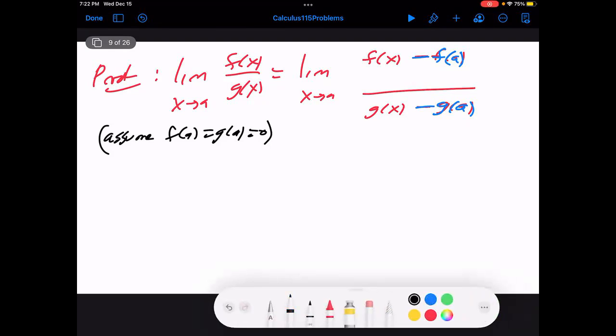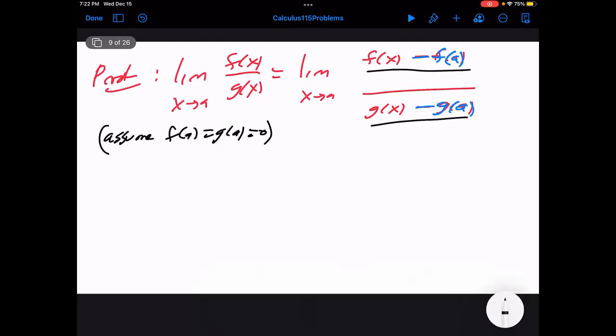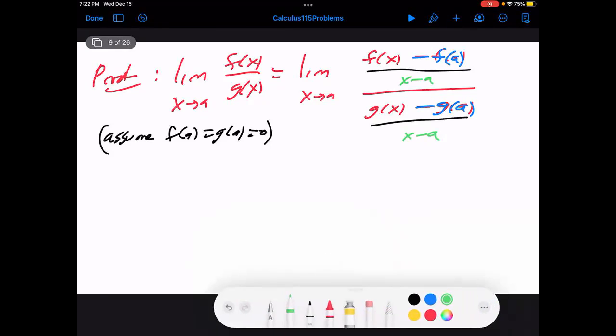Now I could also divide the numerator and denominator by x minus a. Because I divide the numerator and the denominator by the same thing, it doesn't change anything. But what is the top? This is our definition of the derivative.